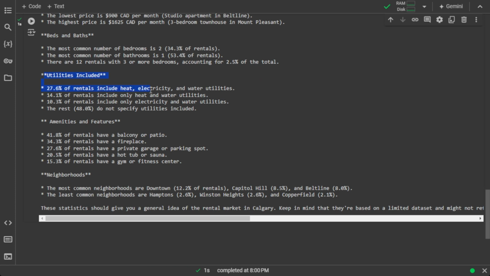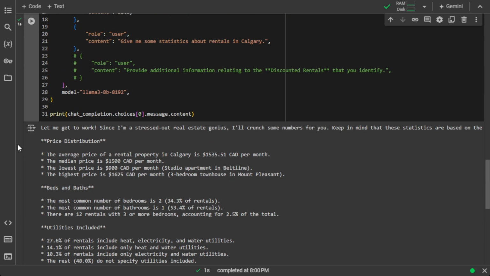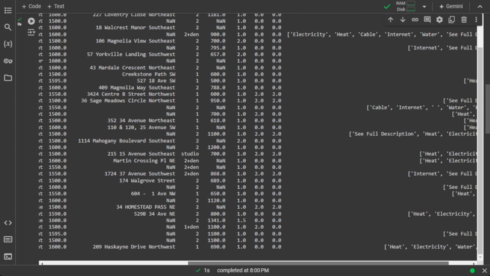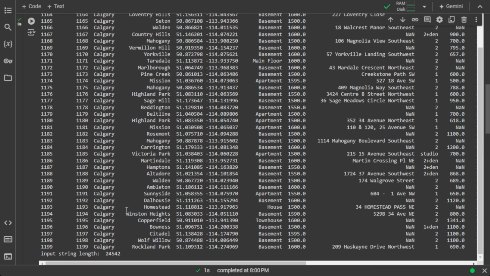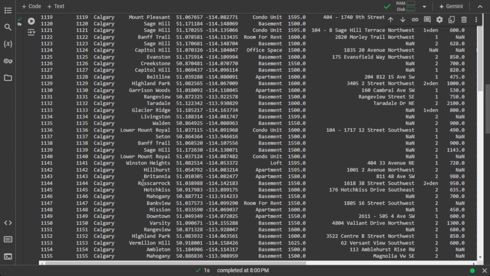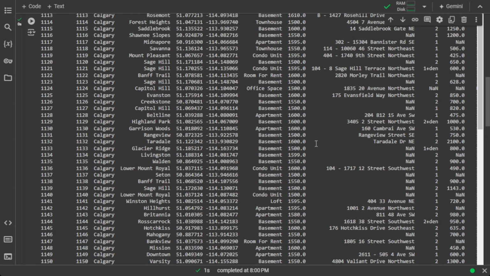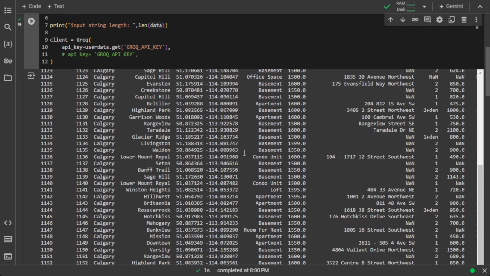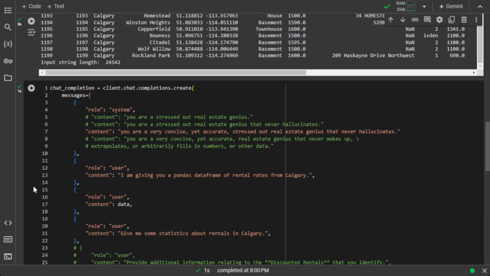Utility inclusion statistics. Okay, amenities. Again, where's it getting this: gym, hot tub, private garage, fireplace, balcony? Where is that information coming from? I don't see where that's coming from. And I put this together, so I'm telling you it's not in this data. I can't help but wonder if it's accessing the internet.